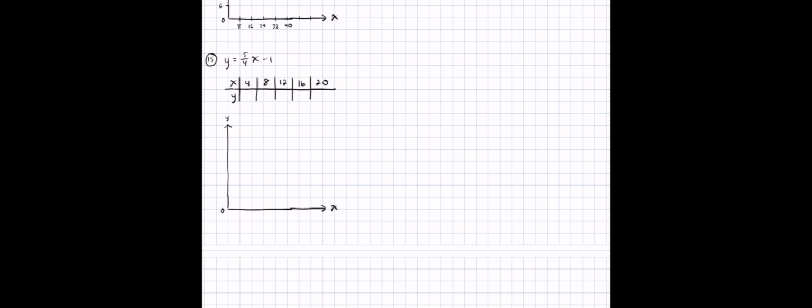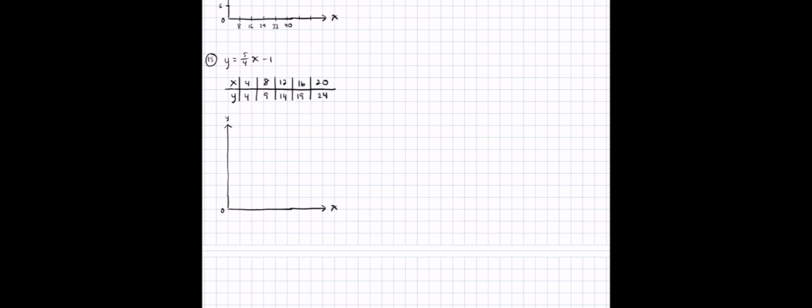Okay, so what's 5/4 of 4? That's going to be 5. 5 minus 1 is 4. 5/4 times 8 is going to be 10 minus 1 is 9. 5/4 of 12 is going to be 15 minus 1 is 14. 5/4 of 16 is going to be 20 minus 1 is going to be 19. And then 5/4 of 20 is going to be 25 minus 1 is 24.